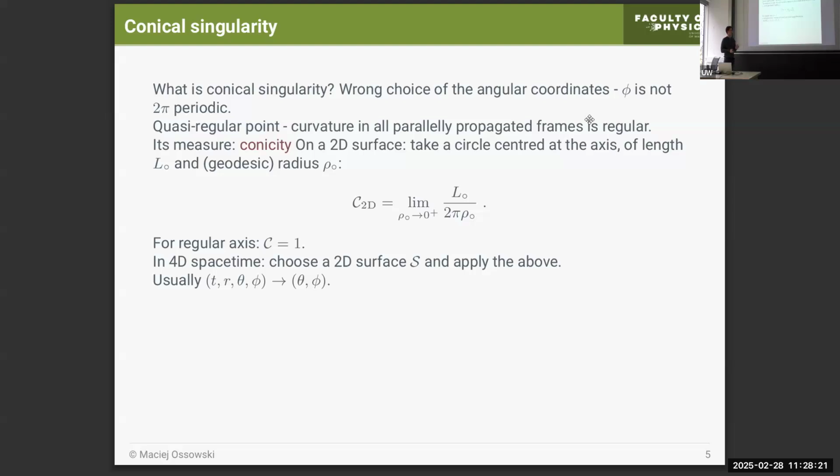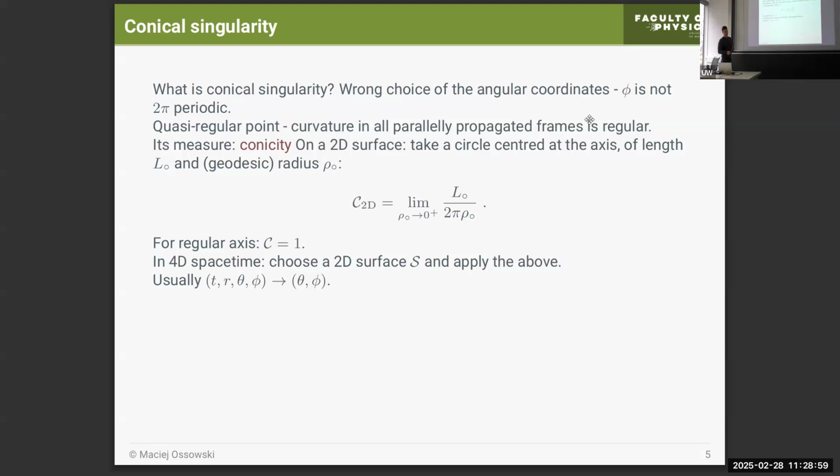So this is a nice story in 2D. What happens in 4D is a little bit more complicated, and I don't think there is much consensus on what to do in 4 dimensions. There are some traditions of what people have been doing to actually say something about conicity. I think all of those recipes for calculating conicity in the literature boil down to the procedure by which you choose some two-dimensional surface in your spacetime and then apply this definition above.